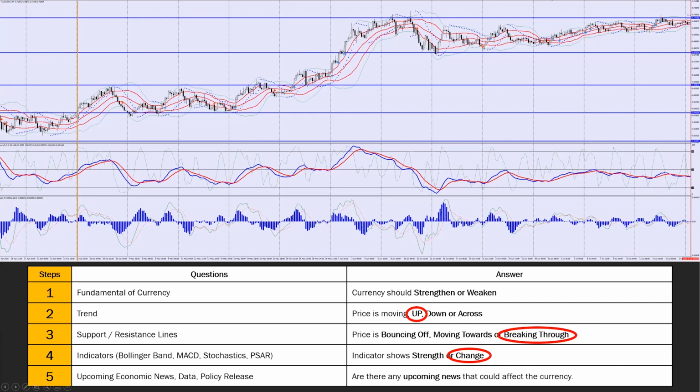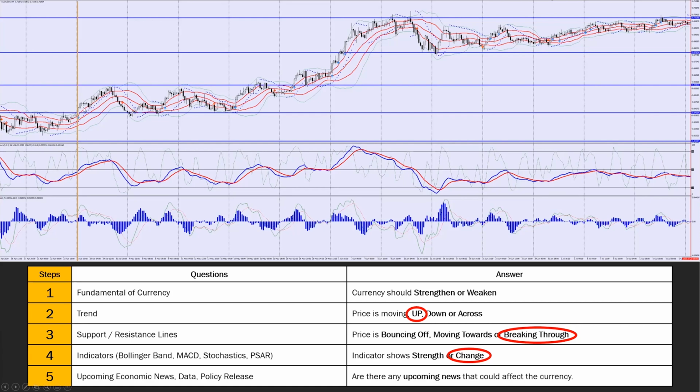Okay, and you'll see that that happened within the week. Between the two dotted lines is a week. So with less than a week, it's gone up to your take profit level. At this point, I'm not going to be calculating pips with you, because I'm more concerned that you follow the 5 steps and understand how to apply them, rather than getting you excited with the number of pips you might be making.